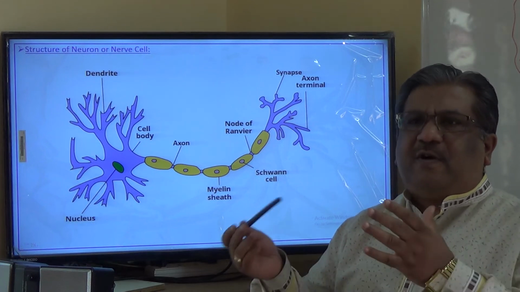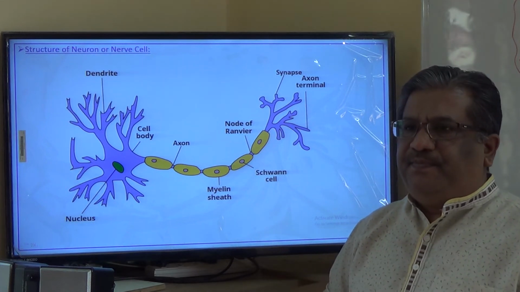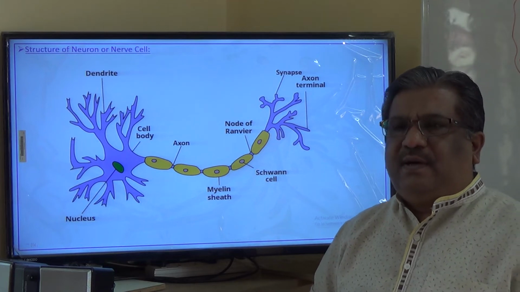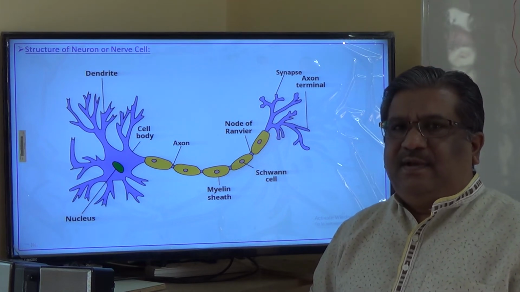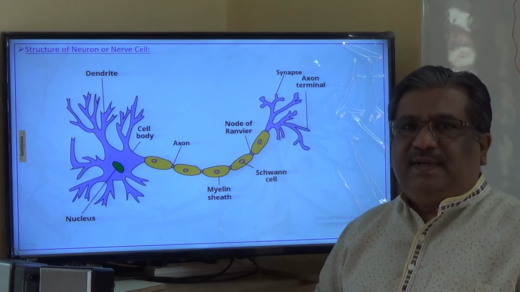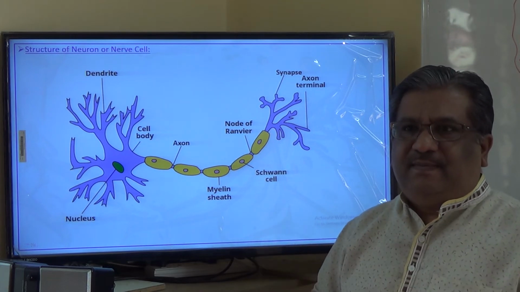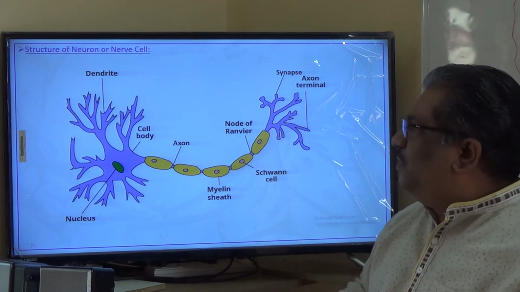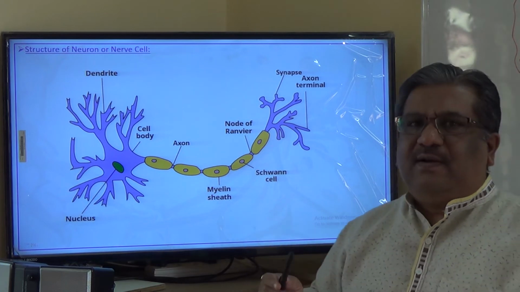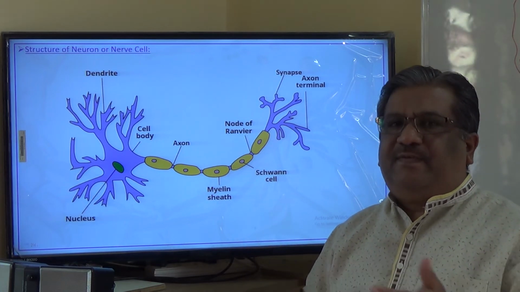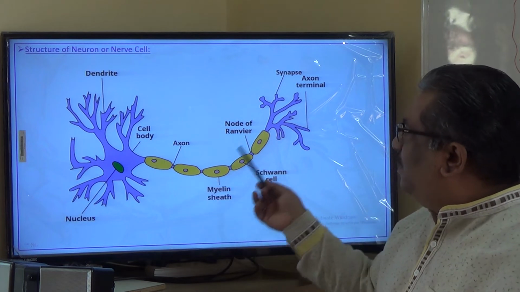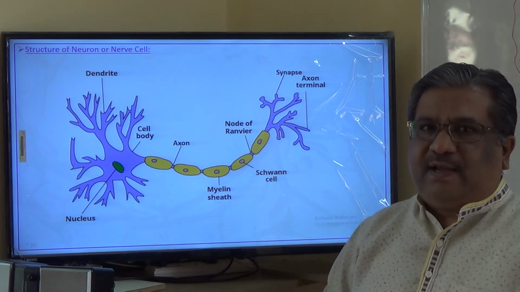Eggs are approximately spherical in shape, and RBCs are concave, disc-shaped cells. So different cells are of different sizes and shapes, and this is how a nerve cell looks.